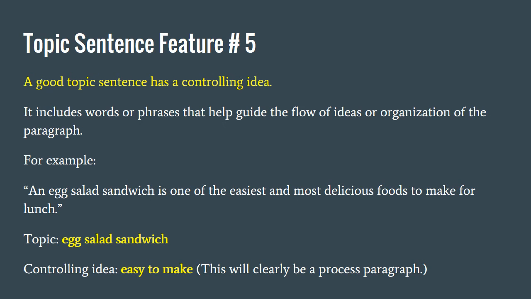The topic here is an egg salad sandwich, and the idea that controls that topic is that it's easy to make. So in the previous slide, when we talked about green tea has many health benefits, the controlling idea there was has many health benefits, and the topic was green tea.